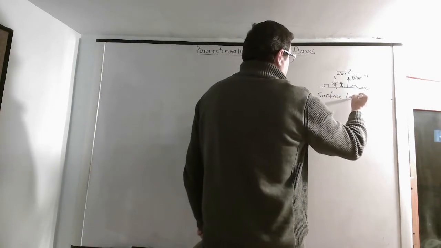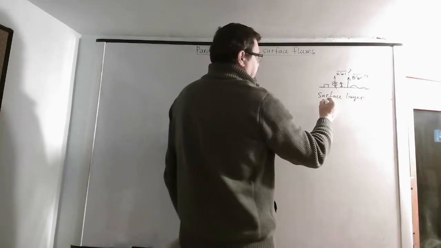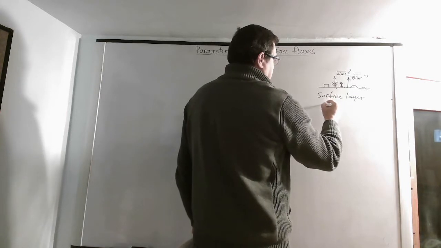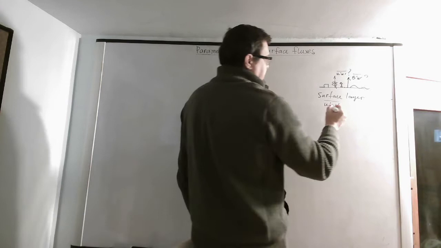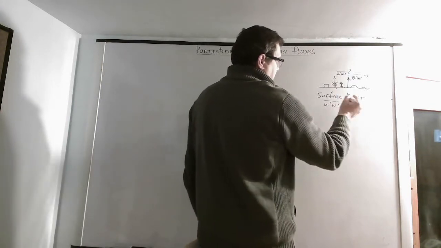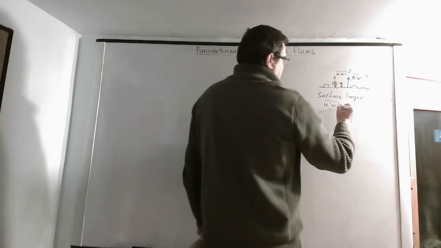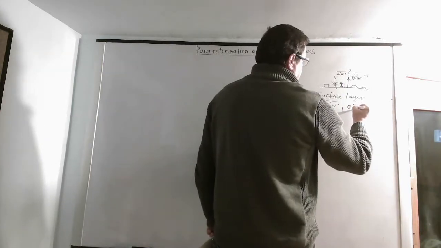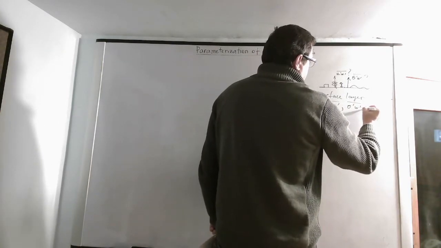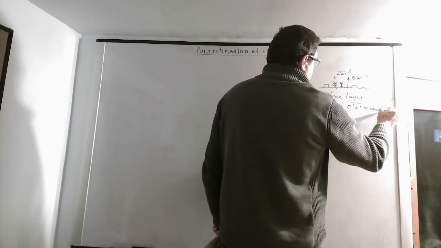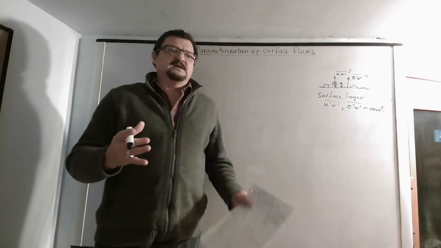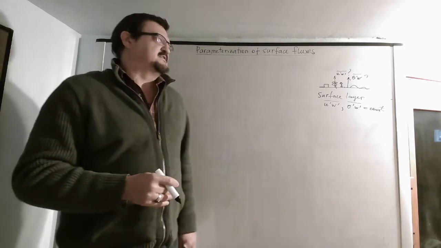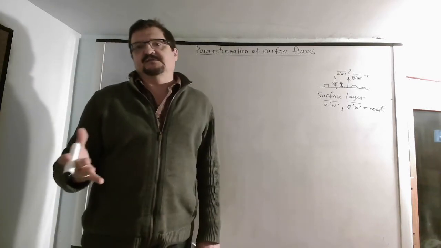So in the surface layer, these fluxes, like the momentum flux, for example, of the horizontal component of velocity averaged in time, or heat flux, are constant. Because it means that there is no vertical divergence of those fluxes in the surface layer.